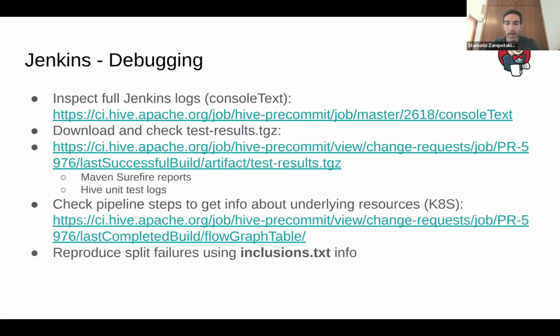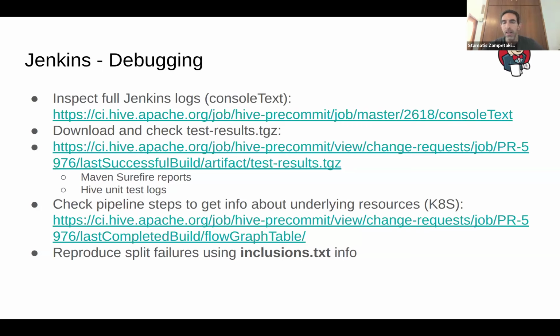In terms of debugging, we have a few places that we can check when something goes wrong. One place to check for errors, exceptions, and other stuff is the full Jenkins log, which can be found under each job ID.